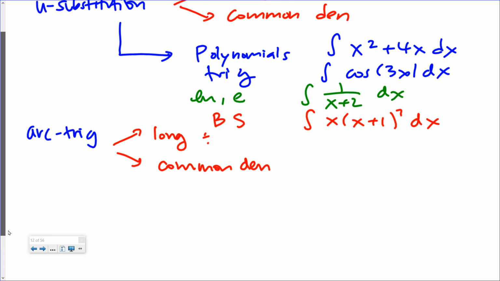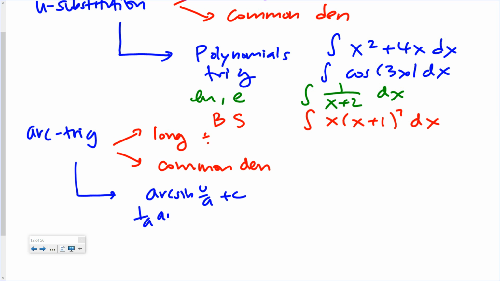But then we said arc-trig is pretty straightforward. There are only 3 possible answers: you could have an arcsine, an arctangent, and then you just memorize these formulas, or an arcsecant. The arcsecant had an absolute value.